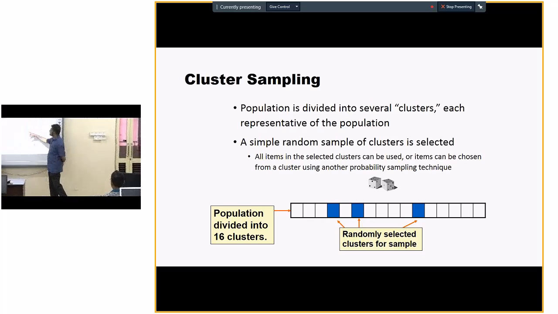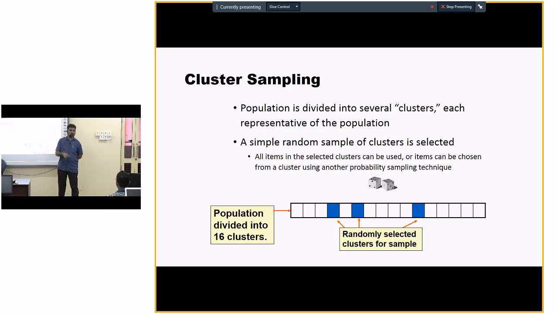Now there are some alternatives. One is you can divide into clusters, and out of that cluster we can select a sample again. Or otherwise, after selecting that cluster, we can observe all of it. Right? In your case, you are going to select the banking sector or finance sector, then study all companies, right?